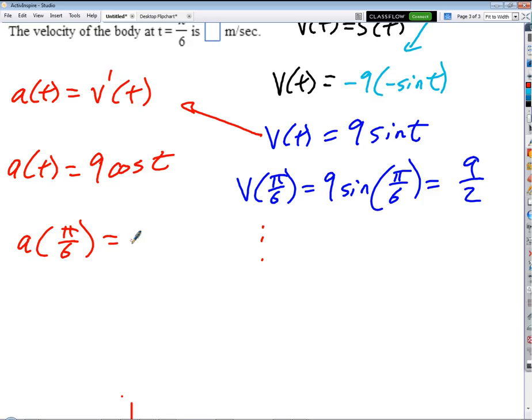So I'd get square root of 3 over 2 times 9. So I just get 9 radical 3 over 2. That's the final answer. That's the acceleration. Make sense? Got it.